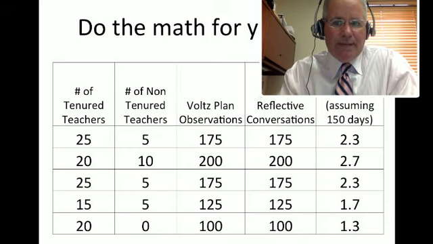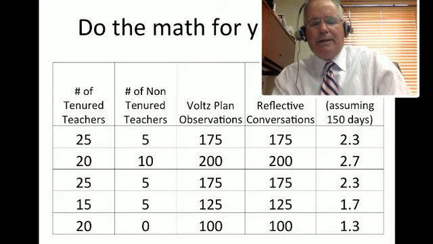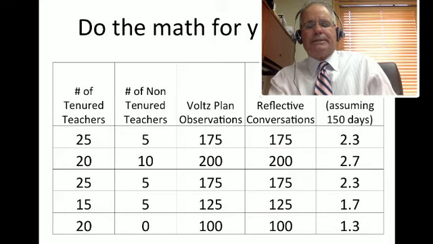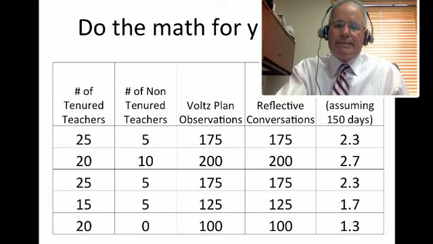So I'm saying make a goal maybe of 2 observations a day, whether that's informal or formal observation or a reflective conference, but have 2 times a day. Remember, those could be as little as 10 minutes each. Obviously, if it's a formal observation, it would be more than 10 minutes.